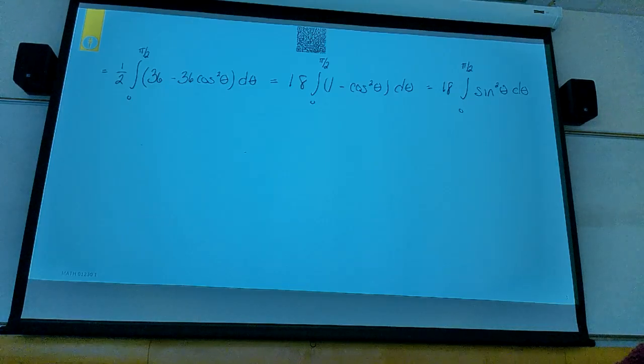Negative cosine 2 theta. How'd you get that? You're close. That is the reduction identity.